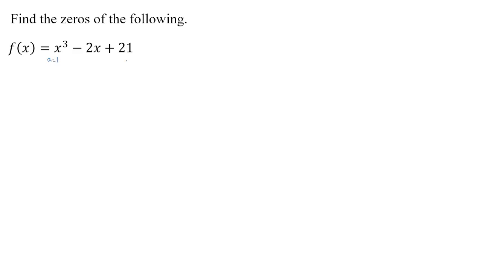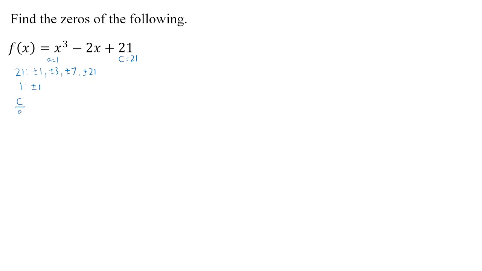A is 1. C is 21. We're going to list our factors of 21. So we got positive negative 1, positive negative 3, positive negative 7, and positive negative 21. Then we have 1, and the only factor is 1.